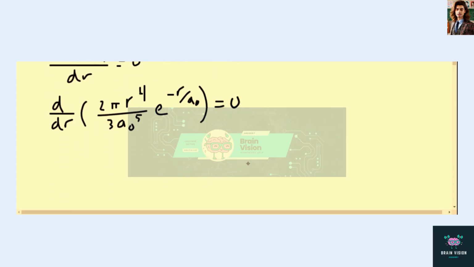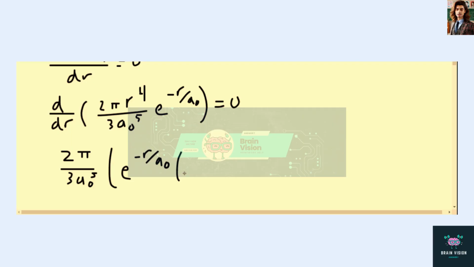So using the product rule here, we can go ahead and pull the constants out front. So we have 2 times pi times 3 over a naught to the fifth. Those are all constants. And then we're using the product rule here on the rest. We have e to the minus r over a naught. So we're going to take the derivative with respect to the first r to the fourth value.